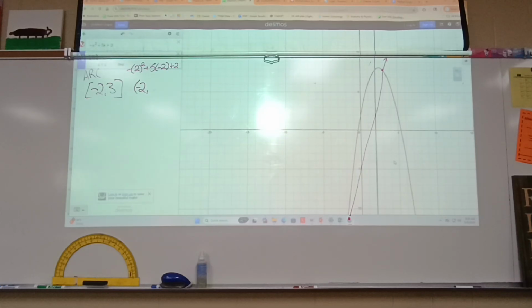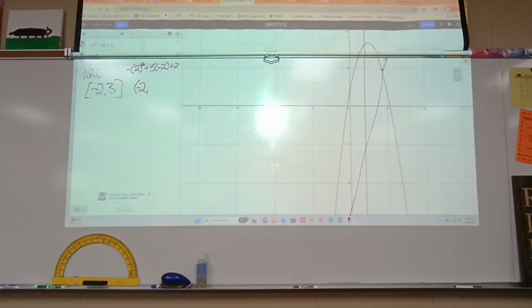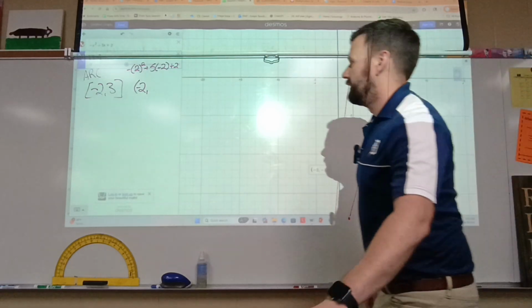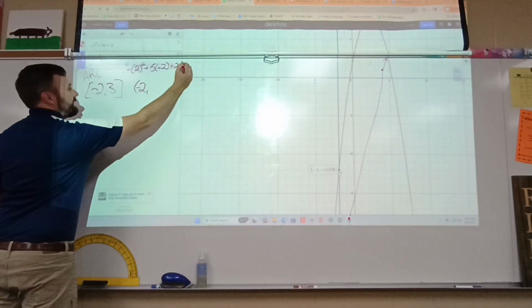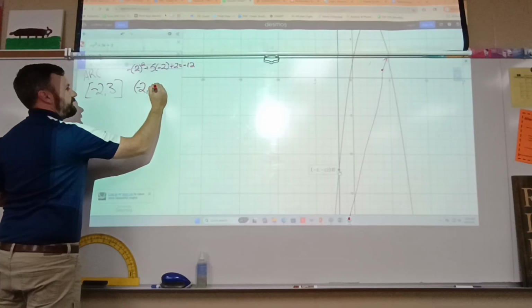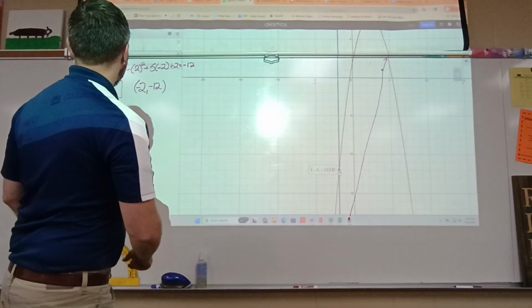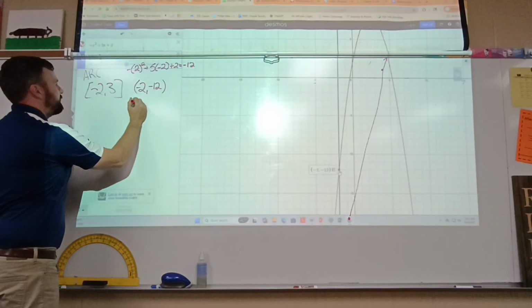X equals -2. And where do they cross? -12. So when I plug this in, I get -12. So that's my y value. Right? So that's my 1 point.